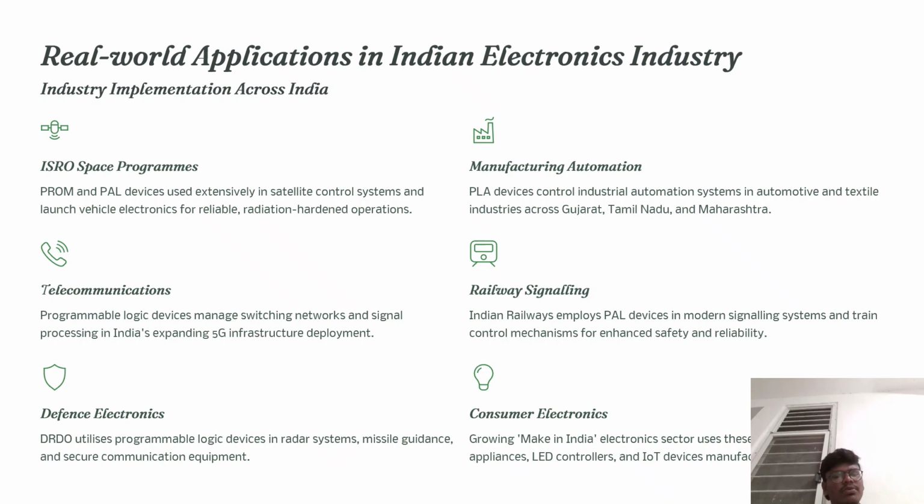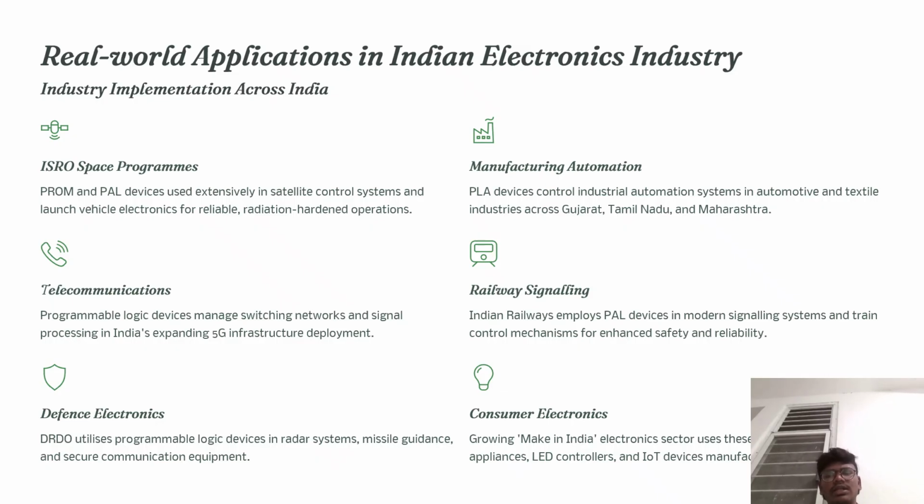DRDO utilizes programmable logic devices in radar systems, missile guidance, and secure communication equipment. Next one is manufacturing automation. PLA devices control industrial automation systems in automotive and textile industries across Gujarat, Tamil Nadu, and Maharashtra.